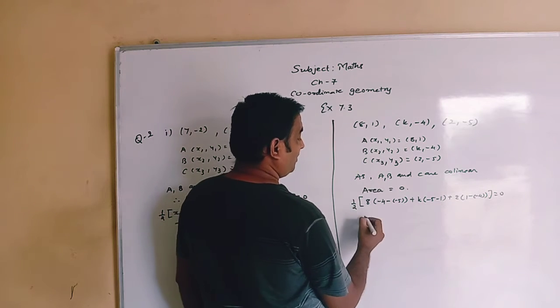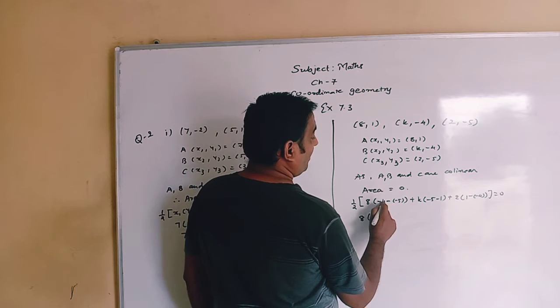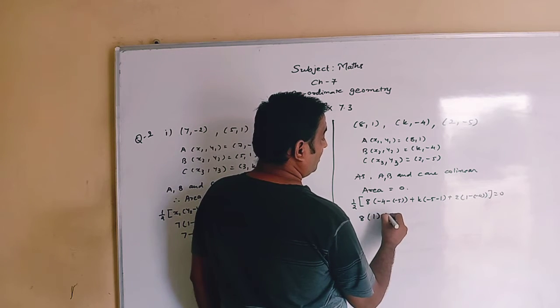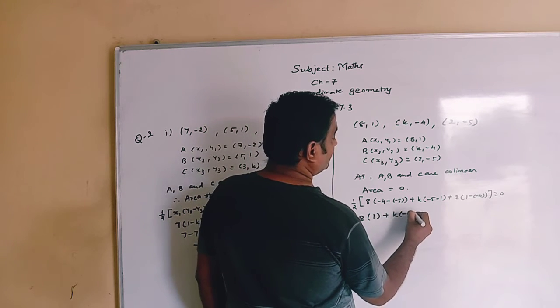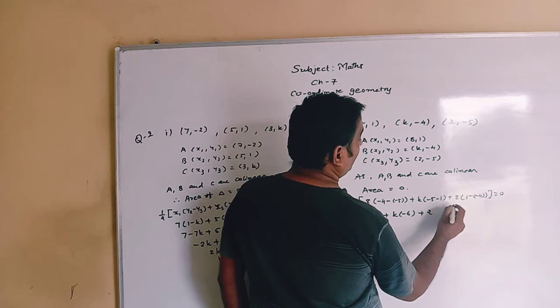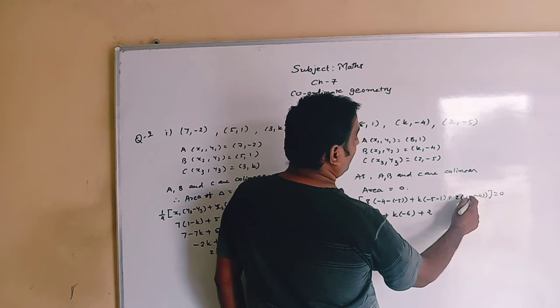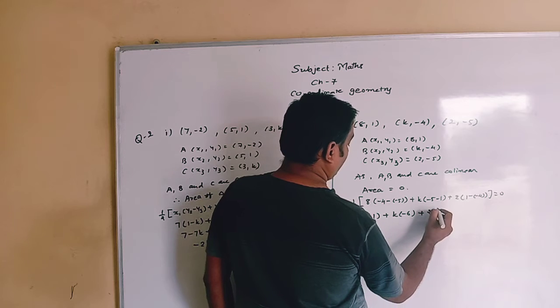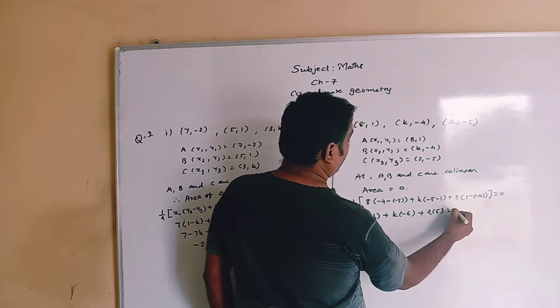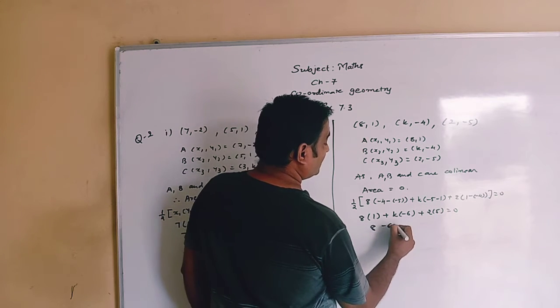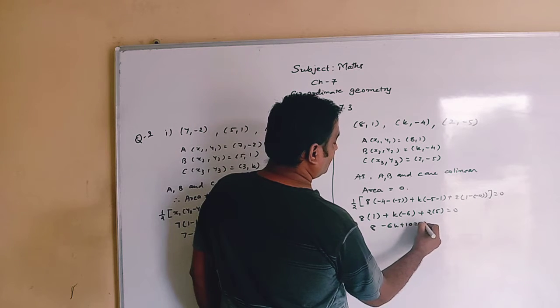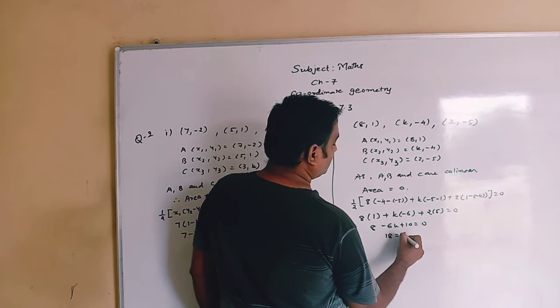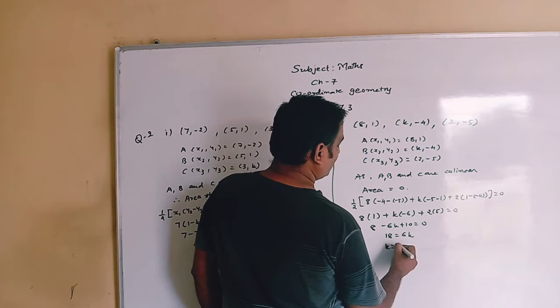So 1 by 2 will be 0, and 8 into (-4 plus 5), that is 1, plus k into (-6), and here 2 into (1 plus 4), that is 5, 2 fives are 10, equals 0. So 8 minus 6k plus 10 equals 0. So 18 equals 6k and so k equals 3.